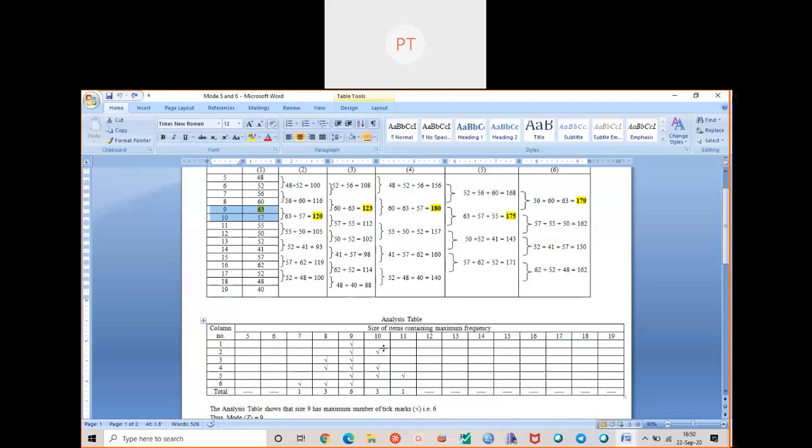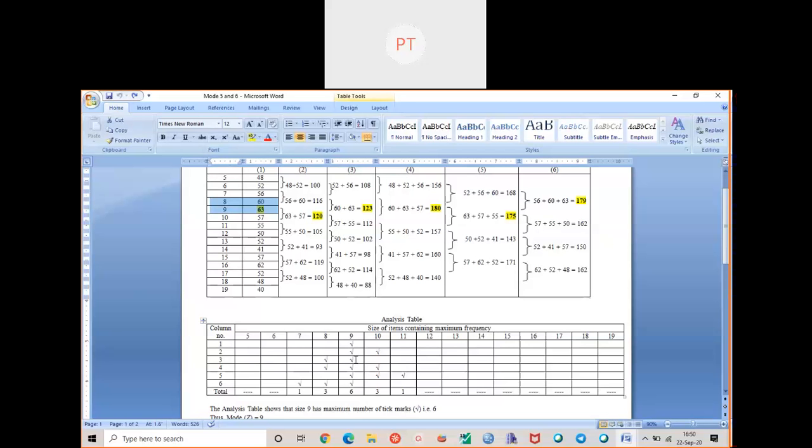In the third column we can see that this frequency 123 is the combination of 60 and 63. Now 60 and 63 belong to the values 8 and 9. So in column number 3 we will do the tick mark for values 8 and 9.